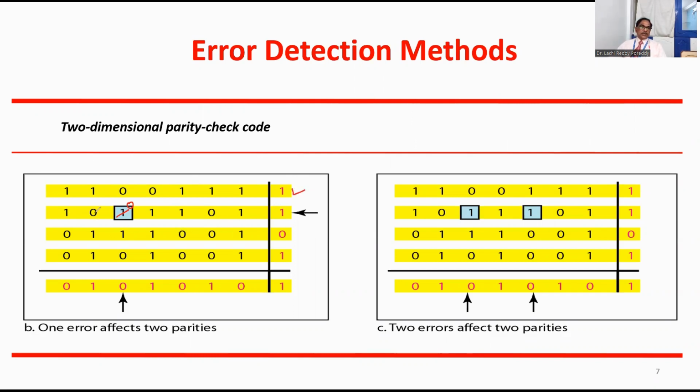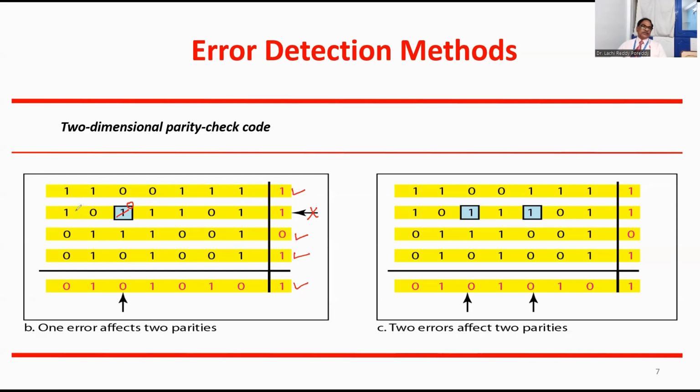The second row, 1, 2, 3, 4, 5 ones are there, odd, so there is an error in the second row. The second row is not received correctly. There is something wrong in the second row. Third row, 1, 2, 3, 4, even number of ones, so the third row is correct. Fourth row also an even number of ones, correct. Fifth row, 1, 2, 3, 4, even, correct. Okay, except the second row, all are correct.